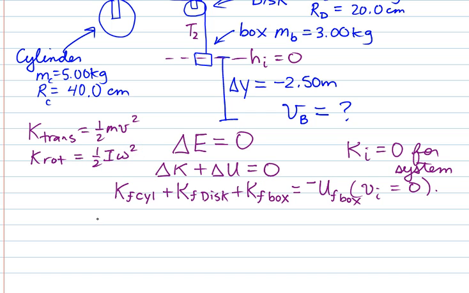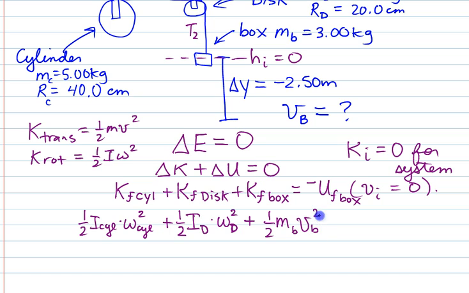So for the cylinder, we'll have 1/2 I of the cylinder times omega of the cylinder squared plus 1/2 I of the disc times omega squared of the disc plus 1/2 mass of the box, speed of the box squared. And that's going to be equal to negative mg delta y of the box.